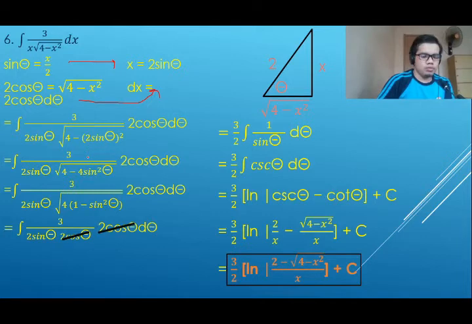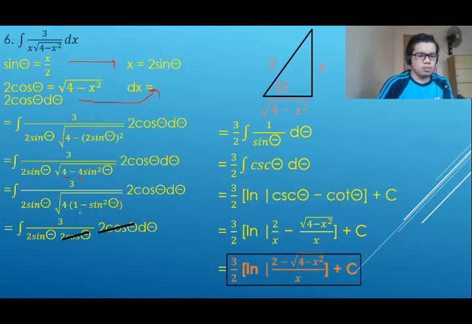Now to simplify this, we factor out the common term, which is 4. This becomes the integral of 3 times 2 cosine theta d theta all over 2 sine theta, the square root of 4 times 1 minus sine squared theta.